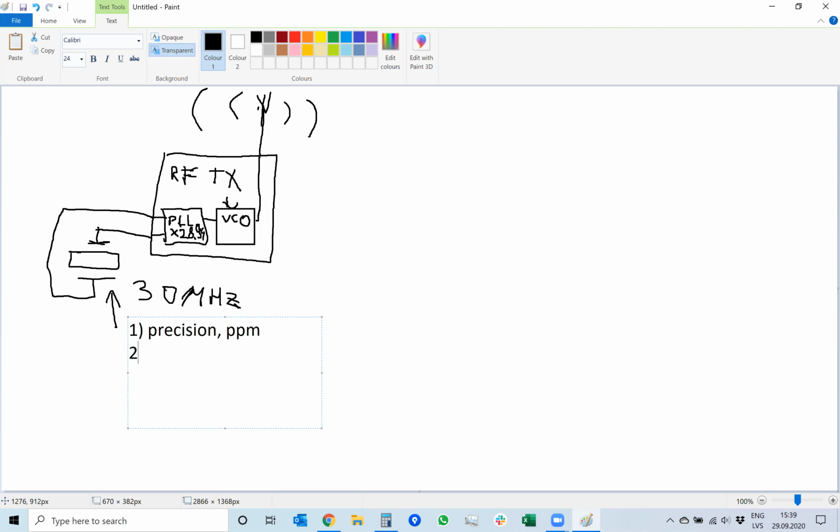Another thing is how the crystal is made. It consists of a piece of quartz, which is cut with a laser to a certain length, so that this length produces the resonating frequency. So it is kind of an electromechanical thing.